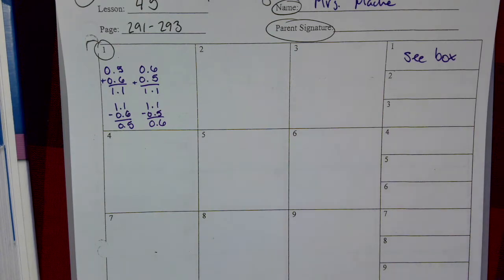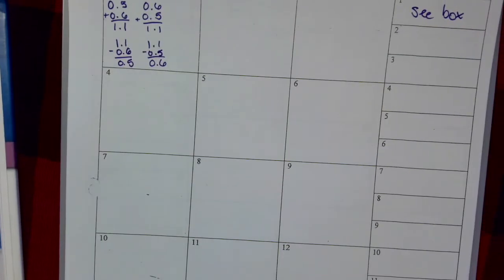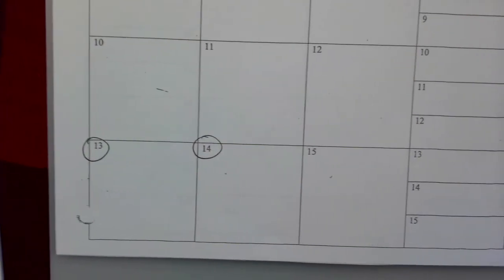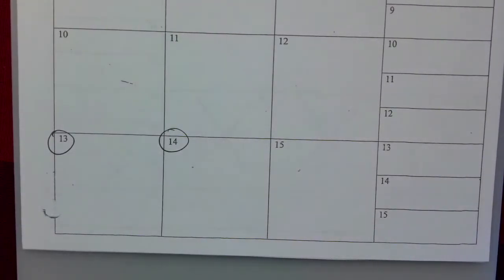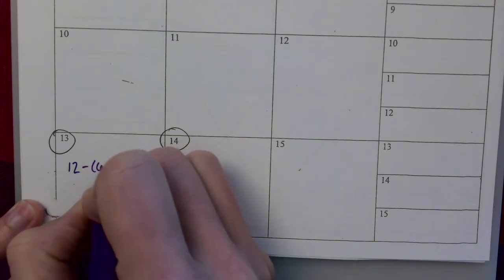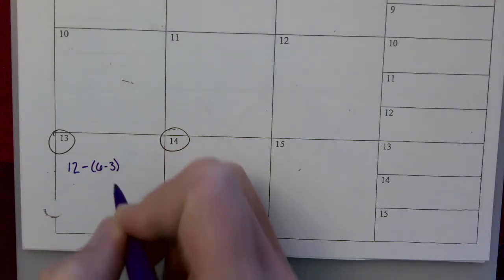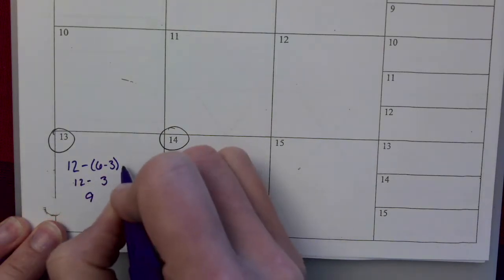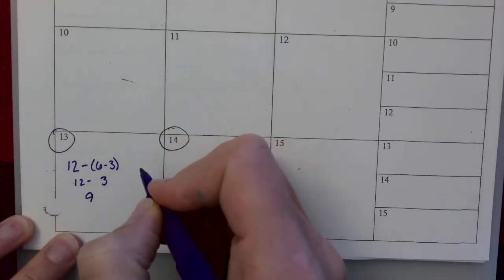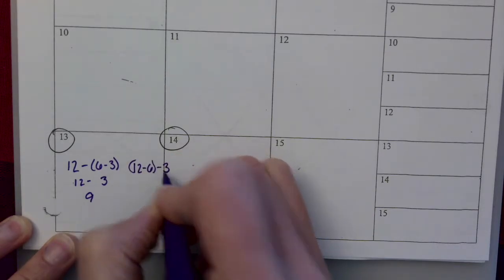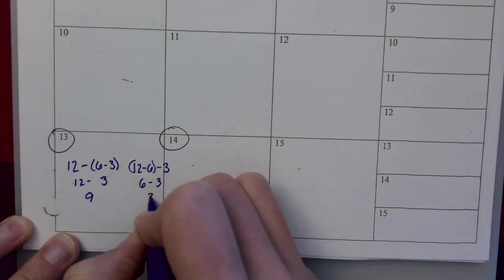Let's head on down to number 13 and 14. 13 says compare 12 minus 6 minus 3. 6 minus 3 is 3. 12 minus 3 is 9, as compared to 12 minus 6 in parentheses minus 3. 12 minus 6 is 6, minus 3 is 3.